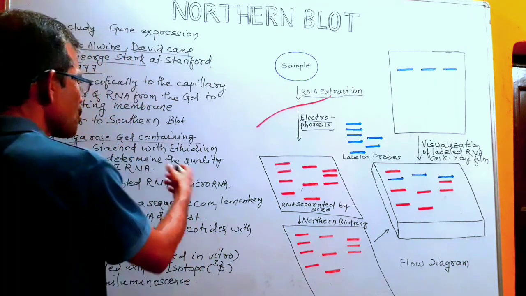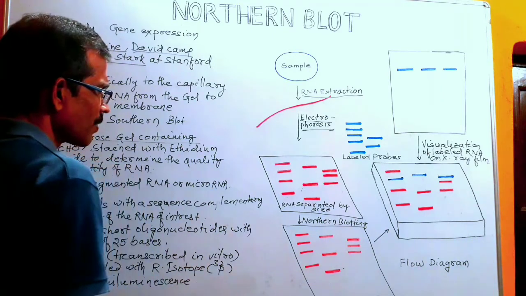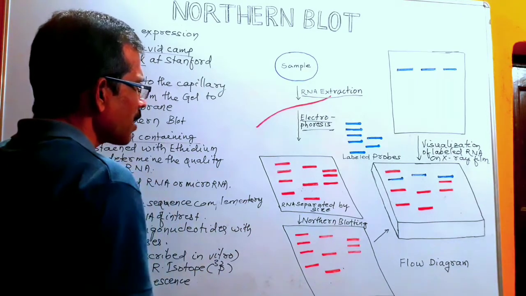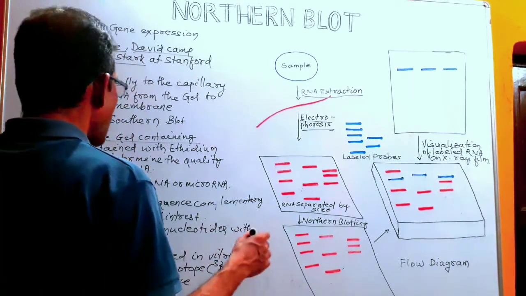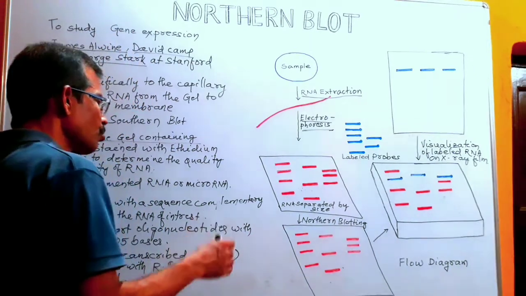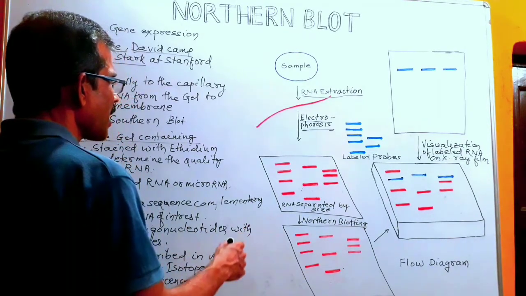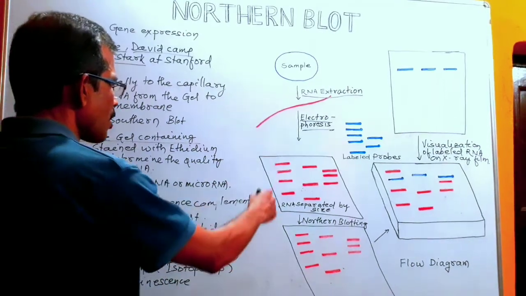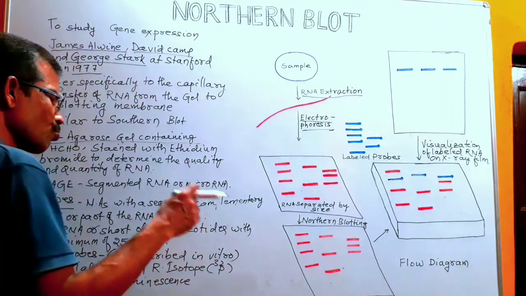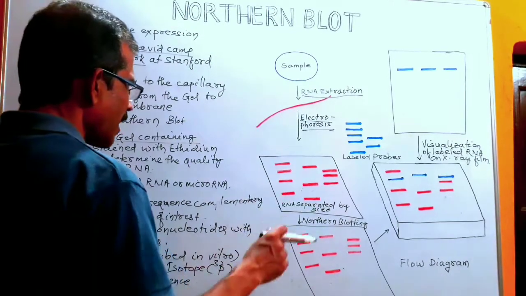And the agarose gel can also be stained with ethidium bromide. By staining with ethidium bromide, we can determine the quality and quantity of RNA. Similarly, one can also use polyacrylamide gel electrophoresis to separate RNA during the process of northern blot. But polyacrylamide gel electrophoresis is most suitable for fragmented RNA or microRNA.